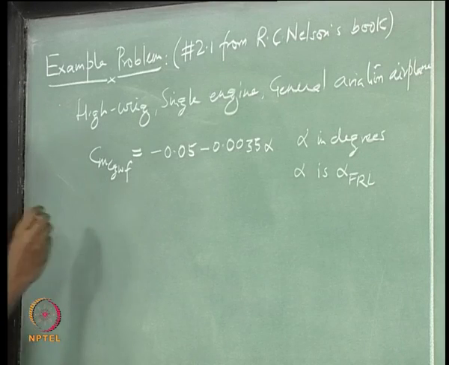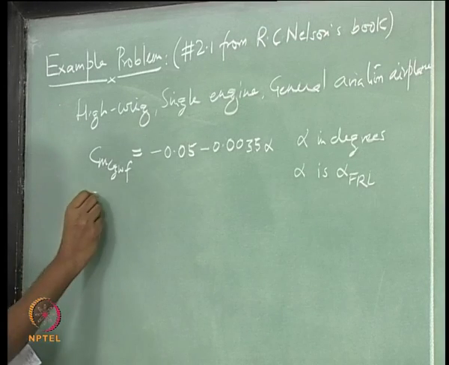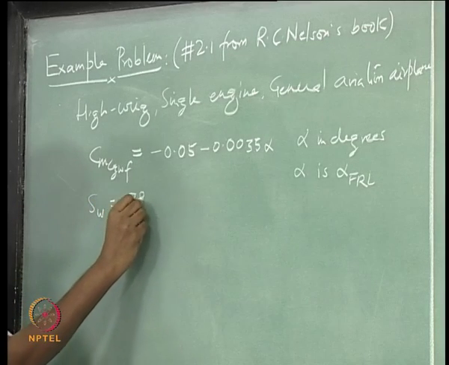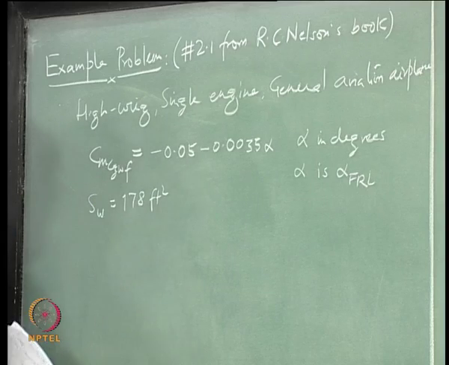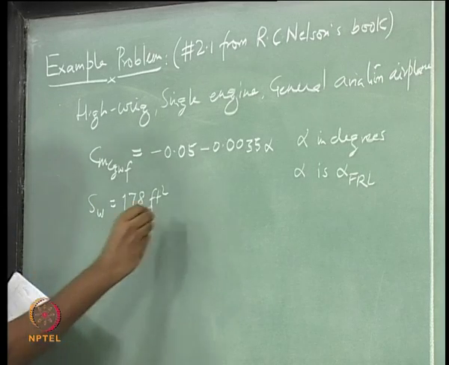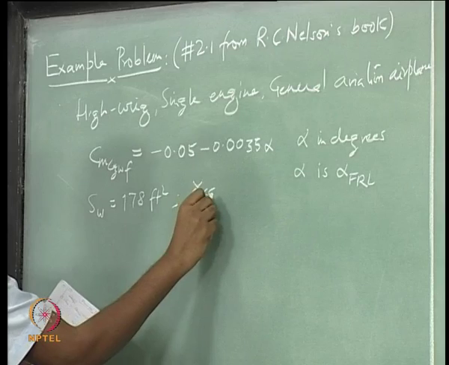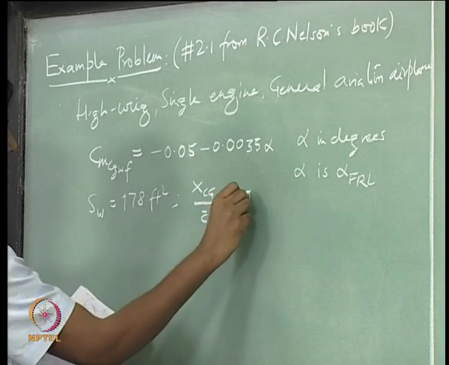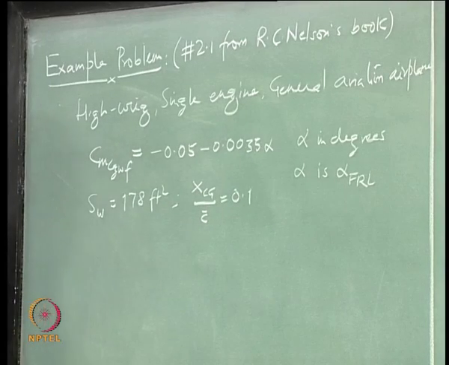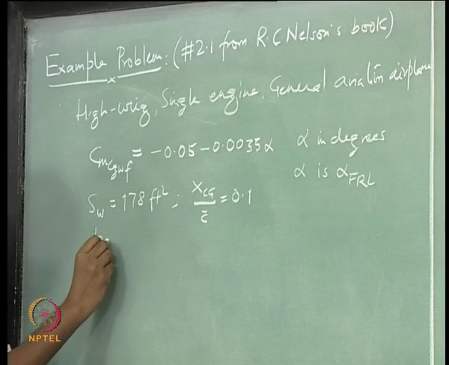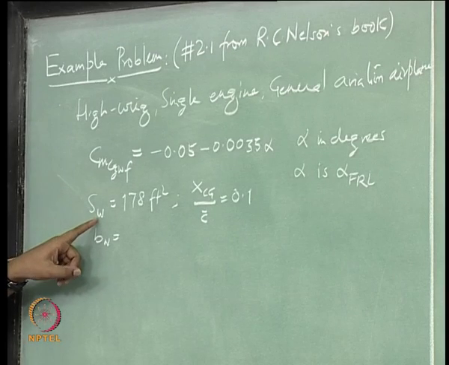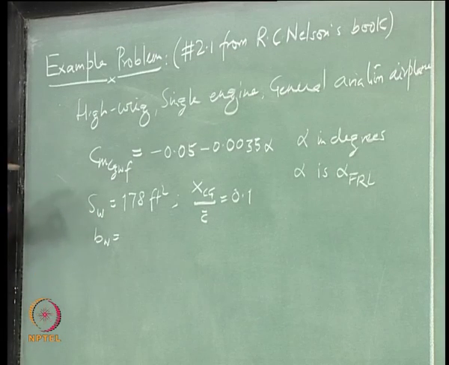Other data which we will need are these. This C bar is the mean aerodynamic chord of the wing. So, wherever you see this W subscript is for the wing. Okay.